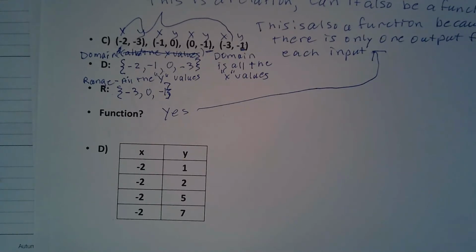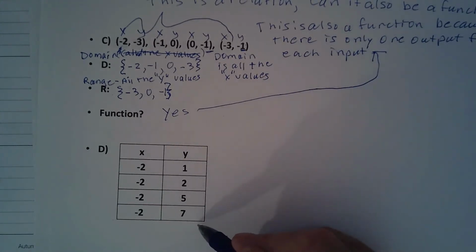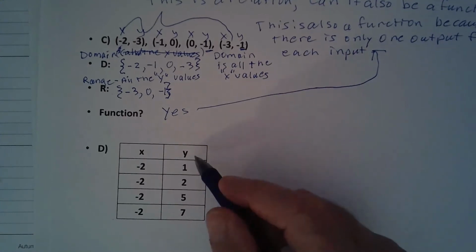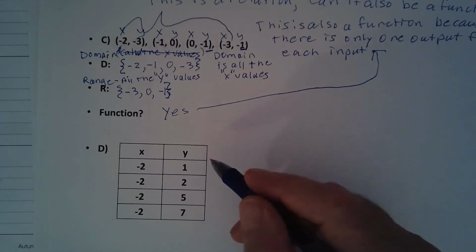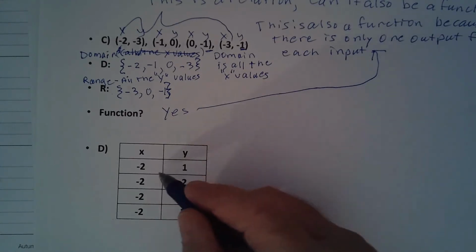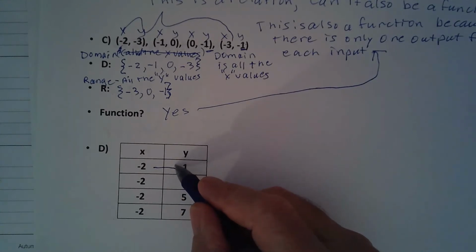So this is a separate problem here. This is a table of values. So the question is, do we have one output for each input? Well, okay, this input, -2, has 1.